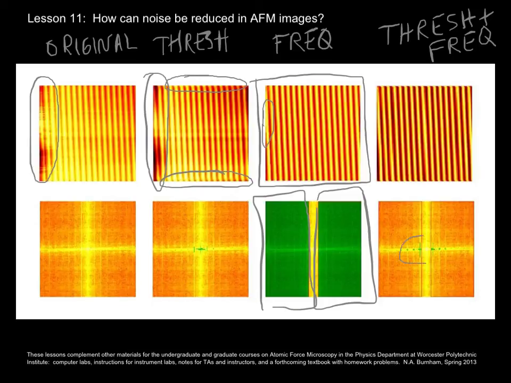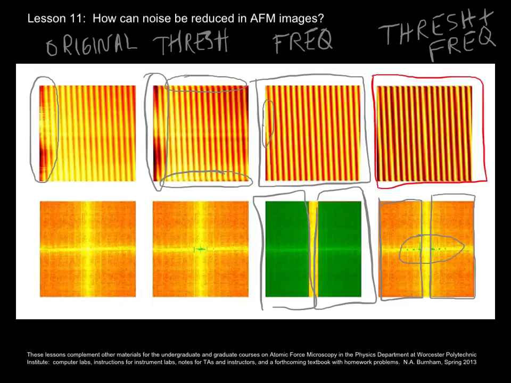And now we end up with very few frequencies in the Fourier transform, just those green dots, where these rectangles here indicate that we want to keep these frequencies, plus we've said we want only those frequencies within those rectangles over a certain threshold to be retransformed. And so this image here is our final image, and it looks quite good.